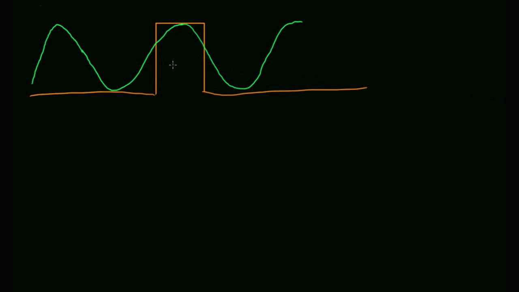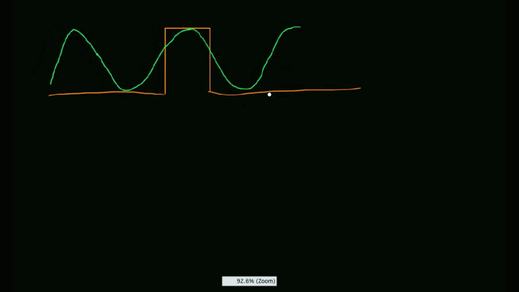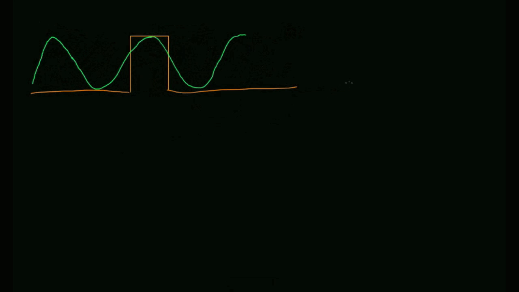Now, if instead I make my pulse skinnier, and I try to fit it with a cosine, so this is case A, this is case B. Which one has the higher frequency cosine? B, right?